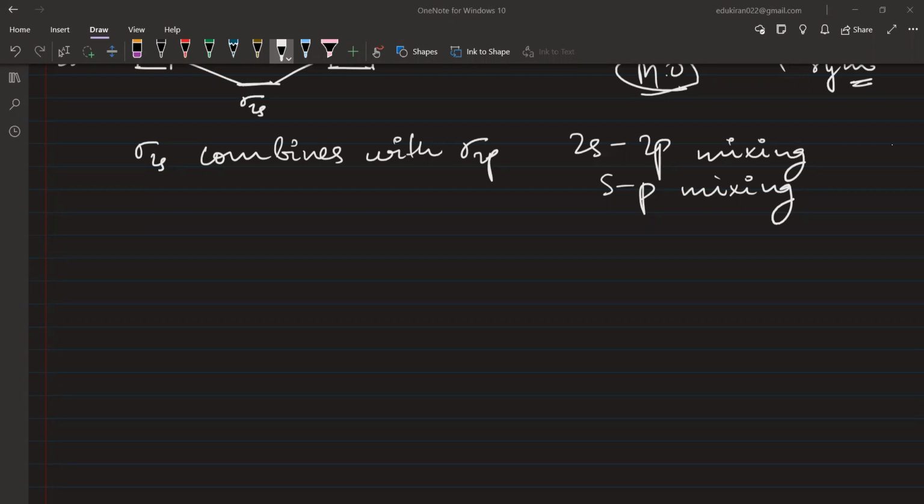All of you open your NCERT. खोलिए आप लोगों ने चैप्टर 4.